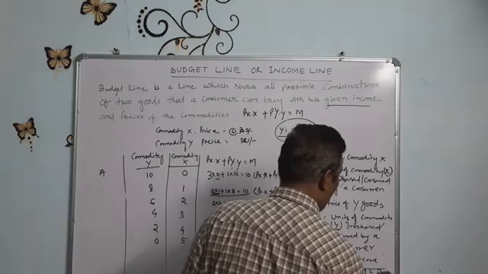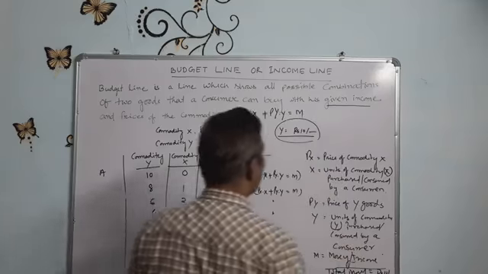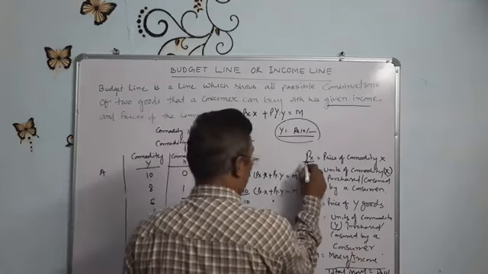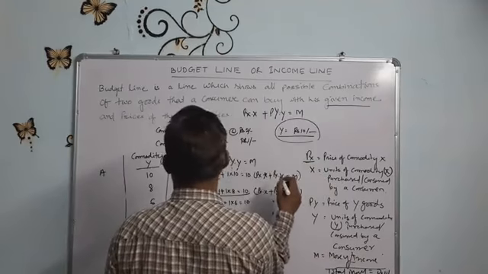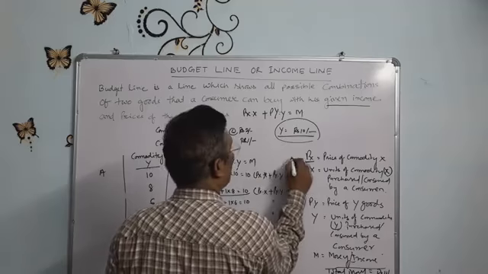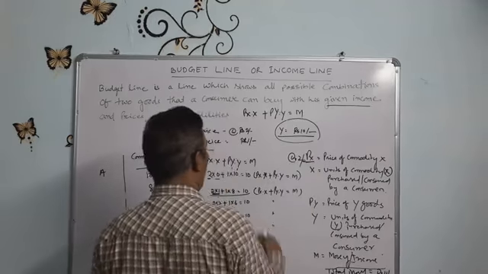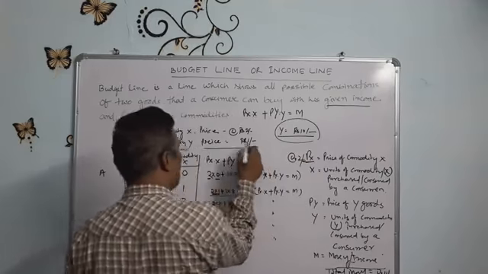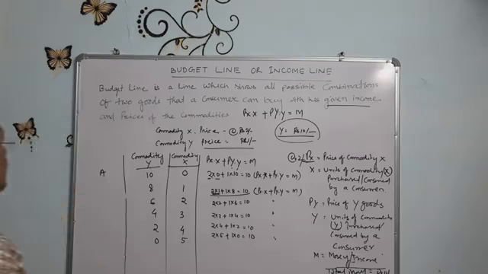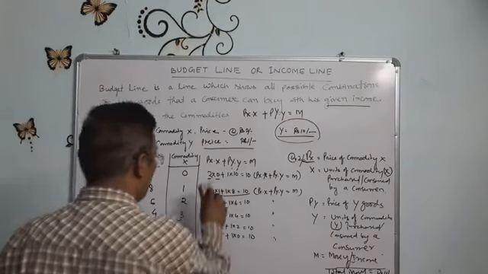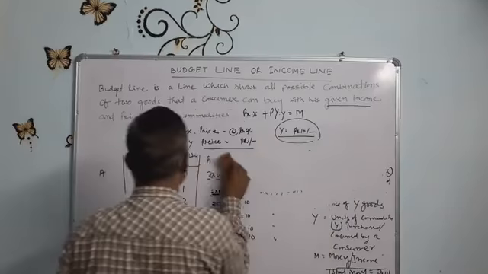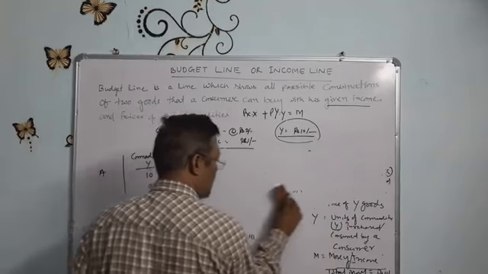As for example, rupees 10. How much is our Px? Px is at the rate of rupees 2, and price of Y is rupee 1. So it can be plotted in the diagram, which is called the budget line. This is called the budget schedule.